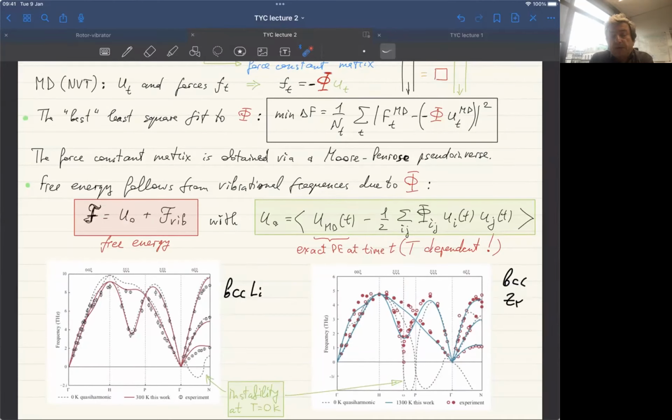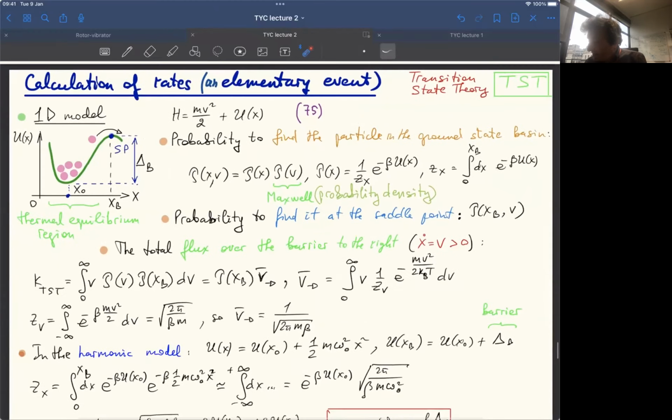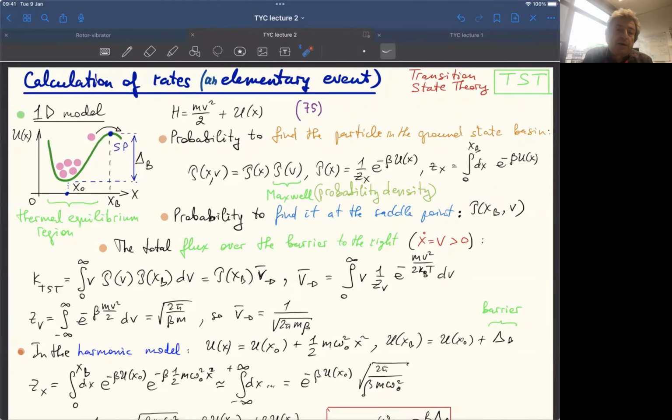But let's now consider another application of that method, specifically for determining transition rates. This is a very important problem if you study kinetics: when one structure goes into the other, for example, due to temperature, some thermal transformation of the system, what are the rates?